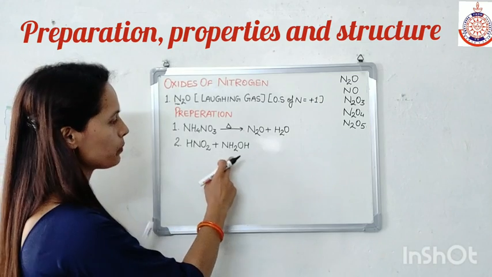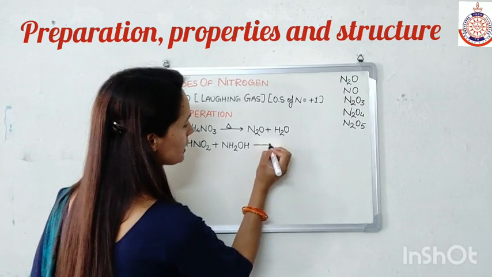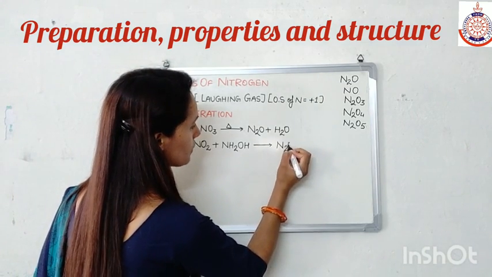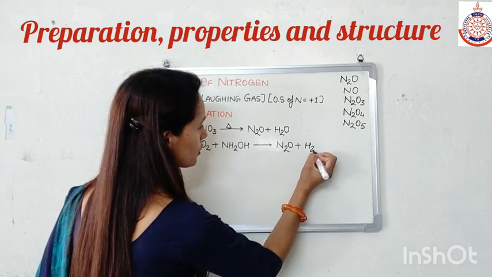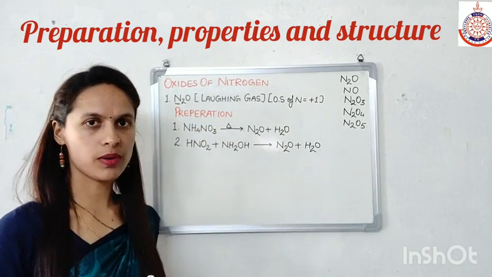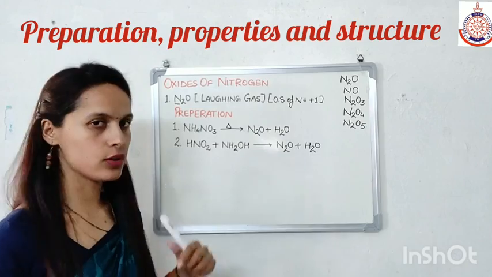So HNO2 plus NH2OH on heating gives N2O plus H2O. So this is our second method for the preparation of N2O.